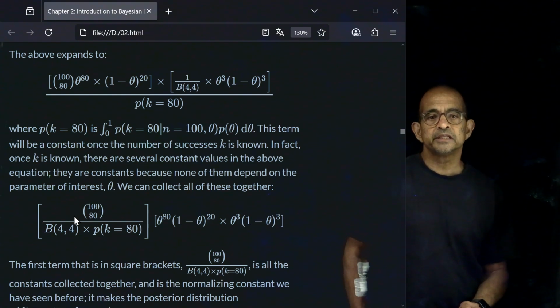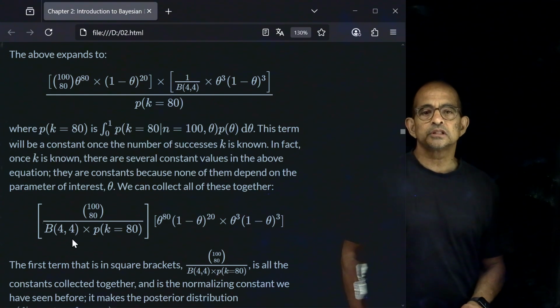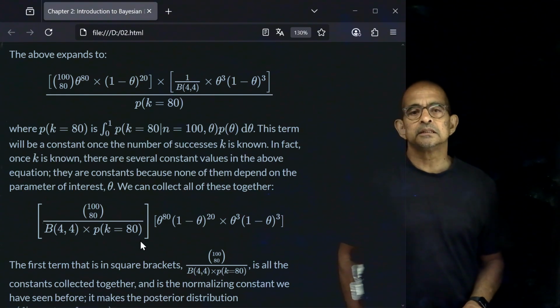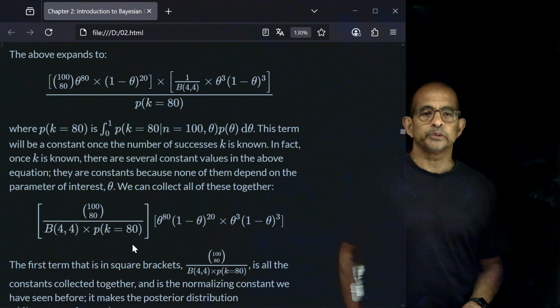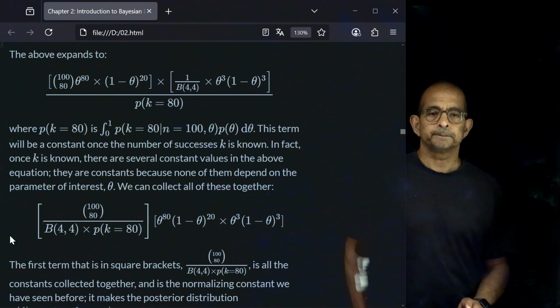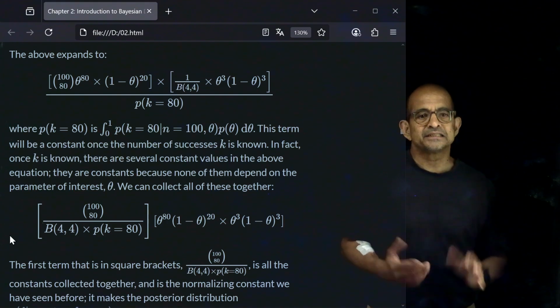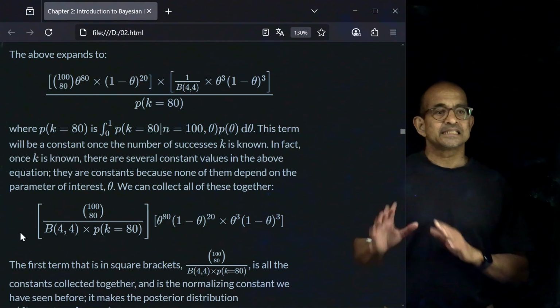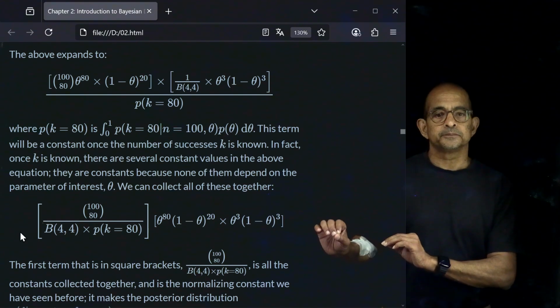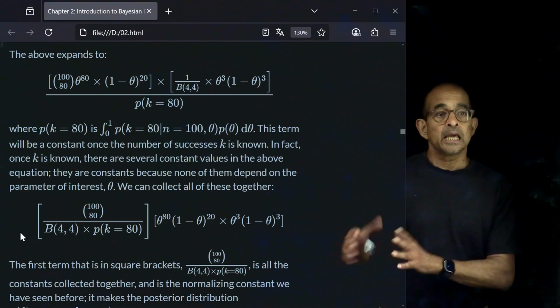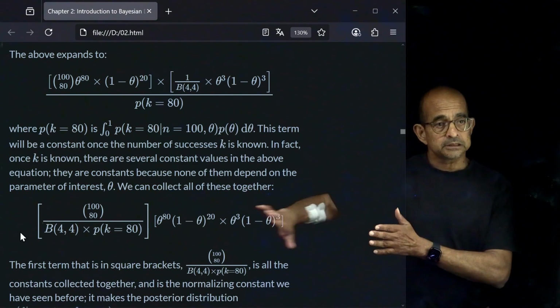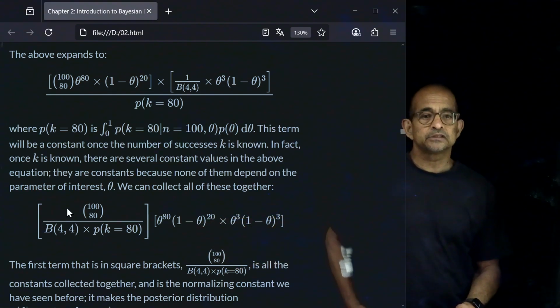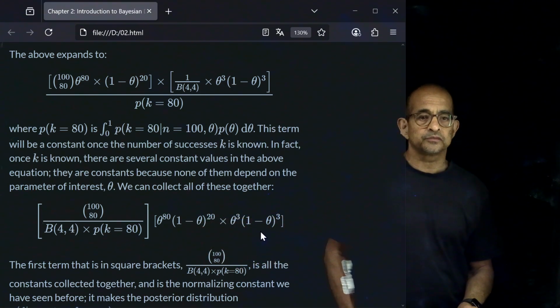So I moved them here: 100 choose 80, the B(4,4) term, and the denominator P(k equal to 80). These are all constants on the left-hand side. In fact, what this square bracket term represents is the normalizing constant, and because it's a constant, we can put it aside for the moment and just focus on the two kernels of this distribution.